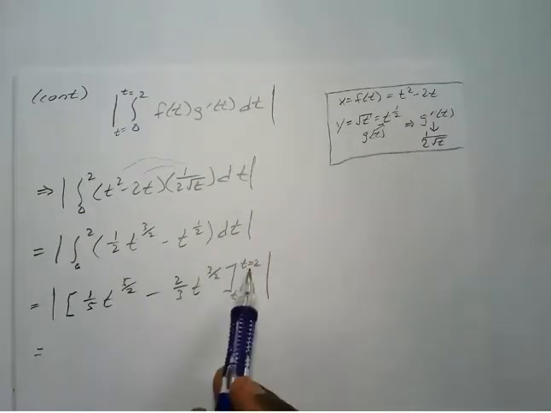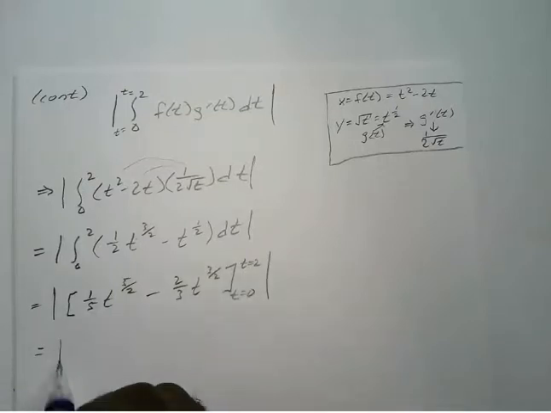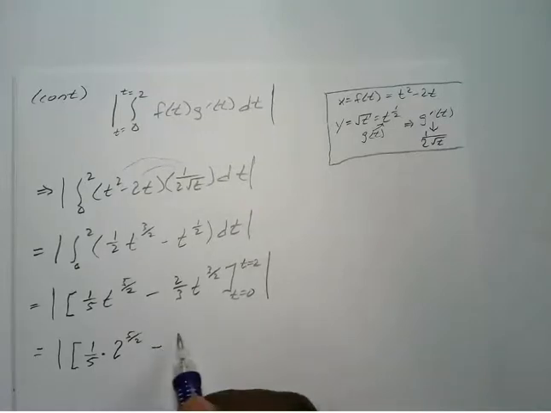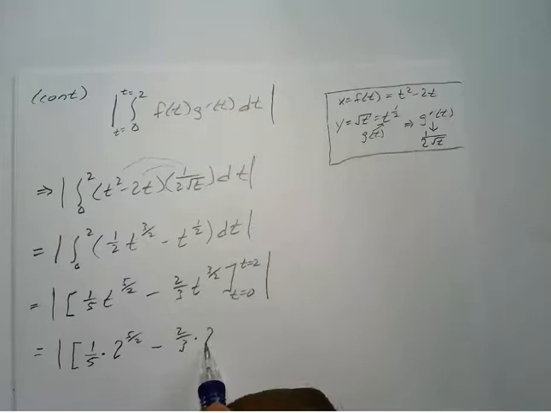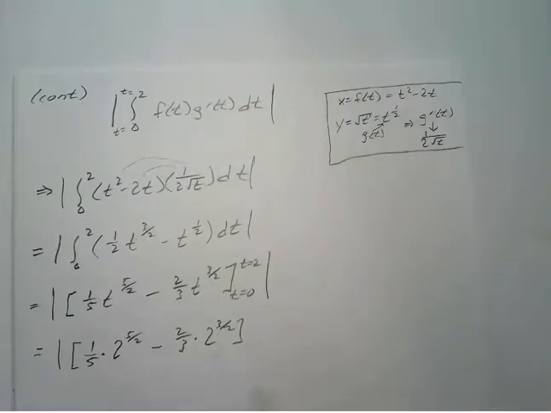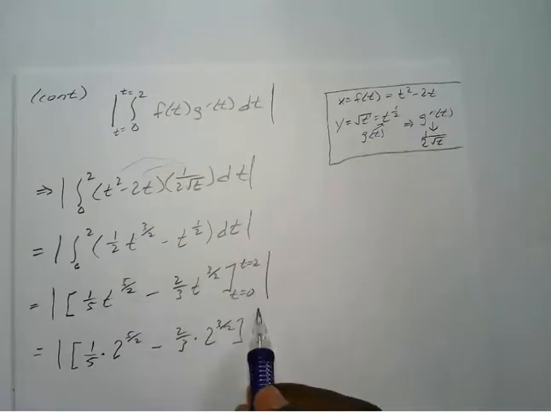Okay, so if we plug in our t equals 2, we have 1/5 times 2 to the 5/2 power minus 2/3 times 2 to the 3/2 power. Now that would be minus the t equals 0, but that all becomes 0, so there's no point in really putting that there.